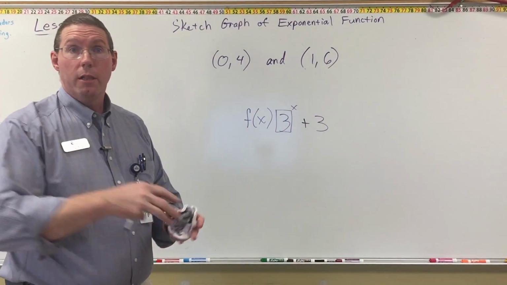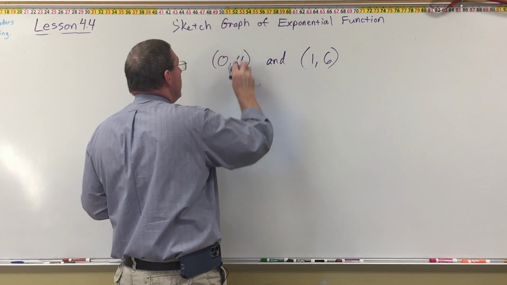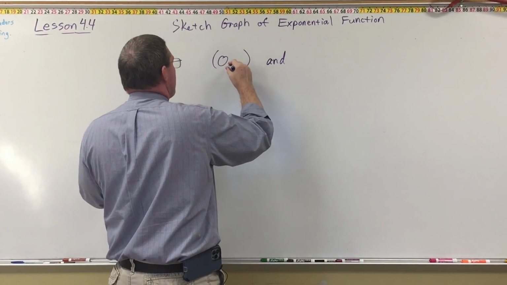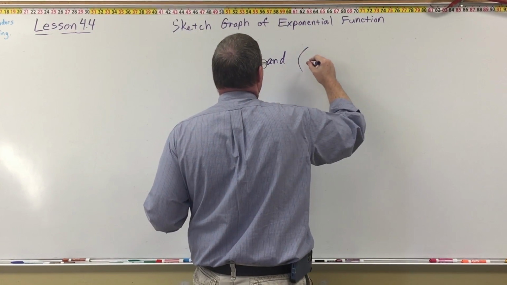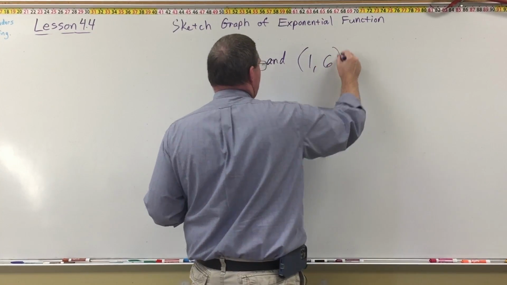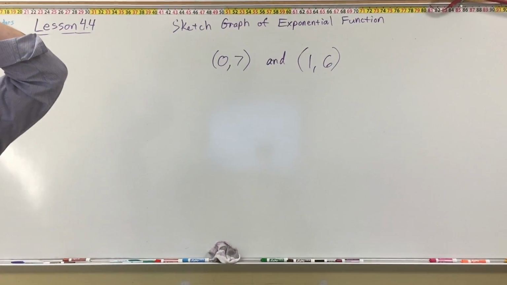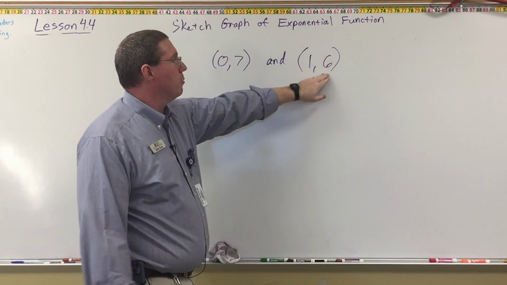So you know what? Let's do another one, just so that you can get the idea here. Let's say that this exponential curve passes through the point 0, 7, and it also passes through the point 1, 6. Again, it's passing through 1, 6. So watch this, Michaela, because I'm going from a higher point to a lower point.